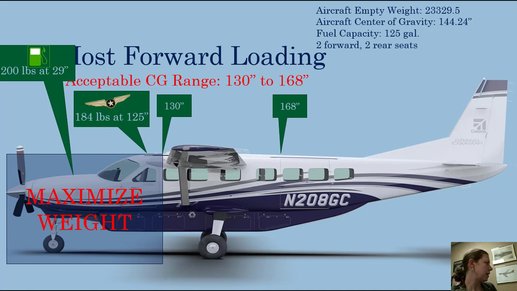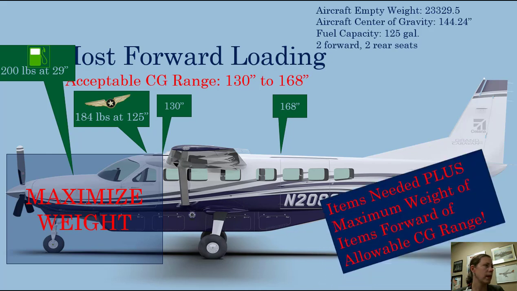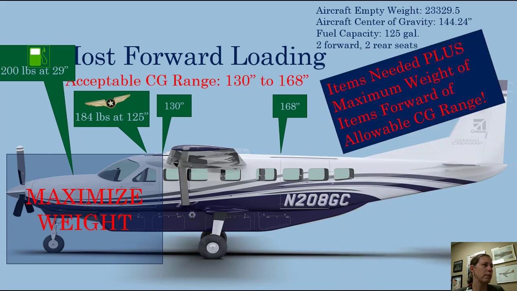We want to maximize that weight to see if it's possible to load the aircraft where it goes out the forward center of gravity. There are 2 forward seats, and our fuel capacity is 125 gallons of fuel. So at this point, I make sure I've got my items needed, plus maximum weight of things forward of that allowable center of gravity range. So in that shaded box where it says maximize weight, those are the things that we're going to maximize.